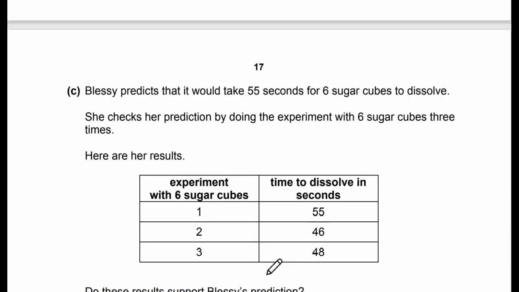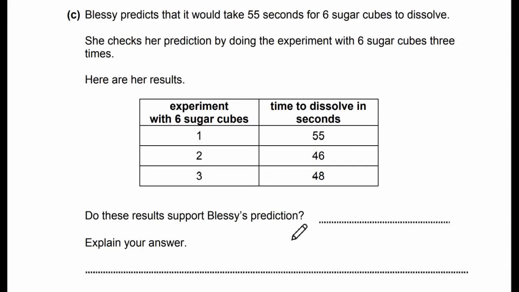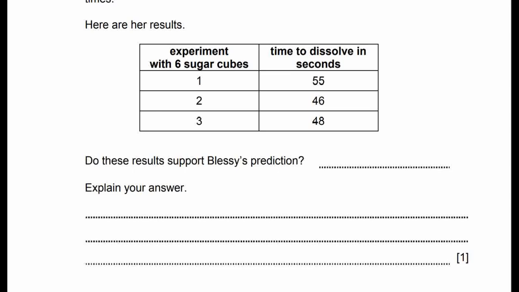Bessie predicts that it would take 55 seconds for 6 sugar cubes to dissolve. She checks her prediction by doing the experiment with 6 sugar cubes 3 times. Here are her results, time to dissolve in seconds: first, second, third experiment. Do these results support Bessie's prediction? Explain your answer. We can see here this is 55, 46, 48. Now we can see that the average will be less than 55.